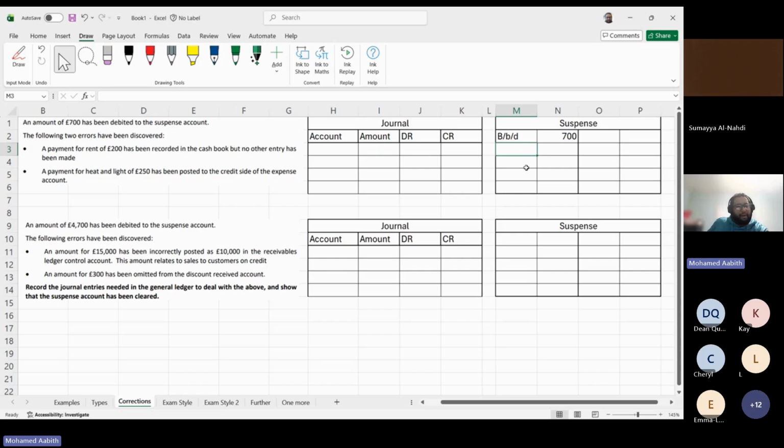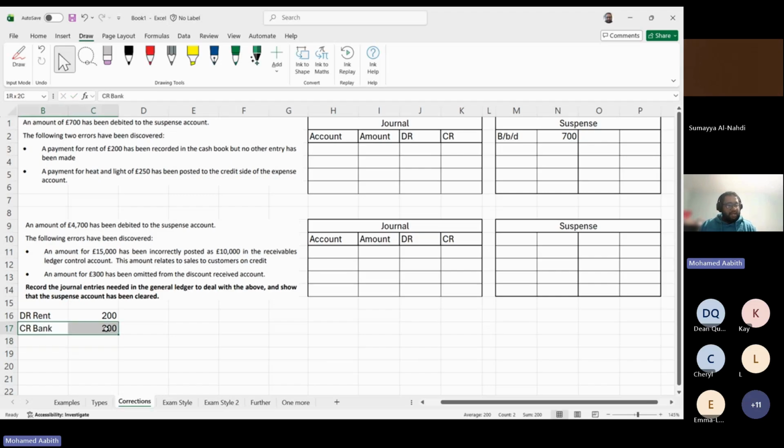So what you need to remember first is, what should be the right entry when you make a payment for rent? We're going to say debit rent account £200, credit cash account or bank account. So the cash book, say bank. Credit bank £200.